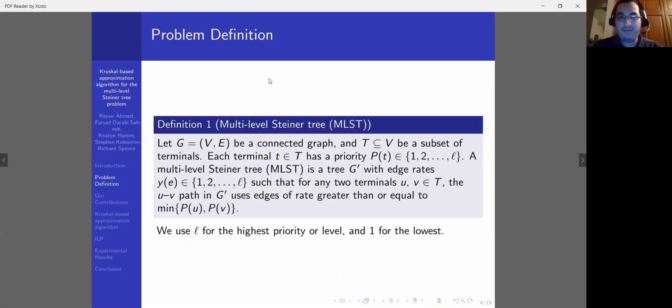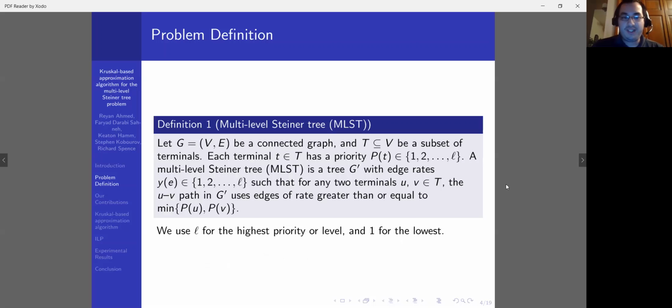Let's define the problem a little bit more formally. As before, we're given an undirected graph, as well as a set of terminals where each terminal requires some priority between 1 and L. We use L for the highest priority or level and 1 for the lowest.